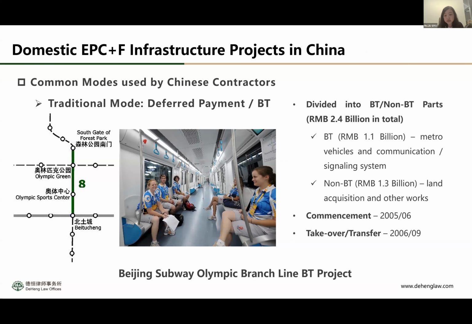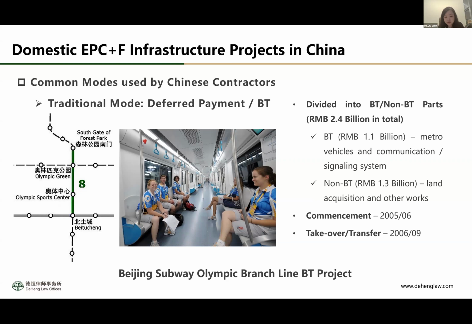Traditionally, it's widely used in China, not only in infrastructure projects, but also other projects. Even back in 2004, the Supreme People's Court in China issued an interpretation of construction contracts, which specifically has a clause about how to deal with deferred payment contracts.